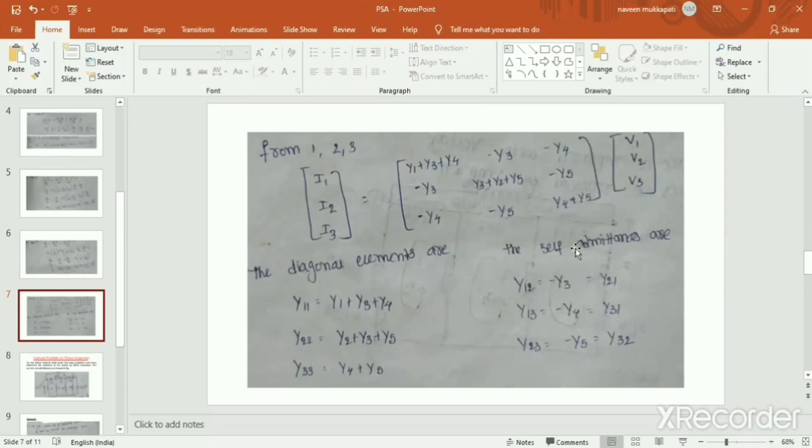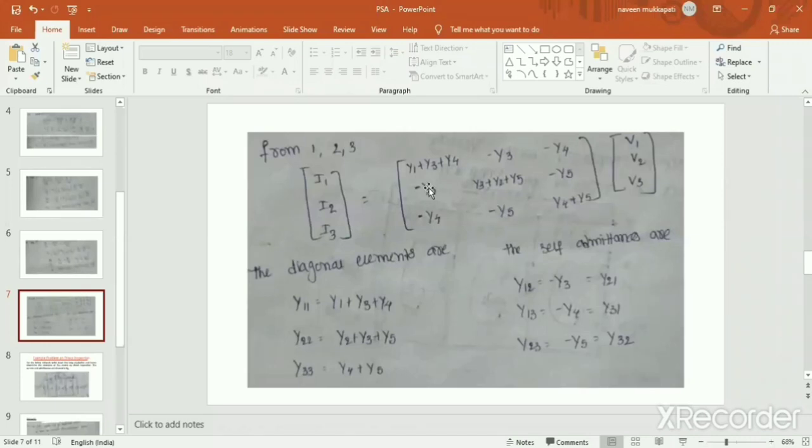That is also called the self admittances. These are the diagonal elements and these are the non-diagonal elements. This is the formation of the Y-bus matrix by using the direct inspection method.